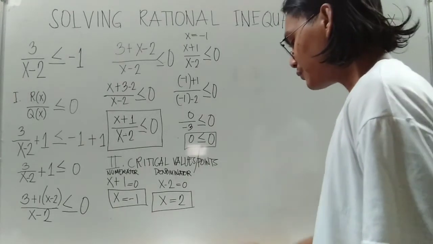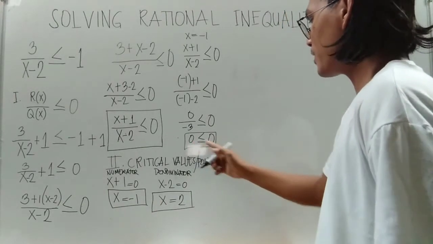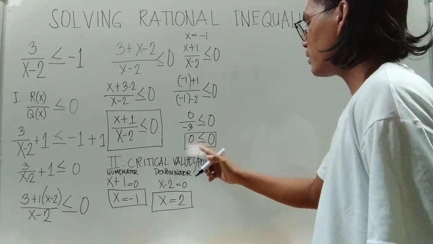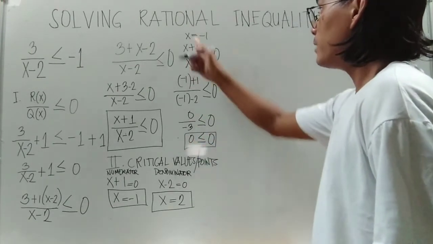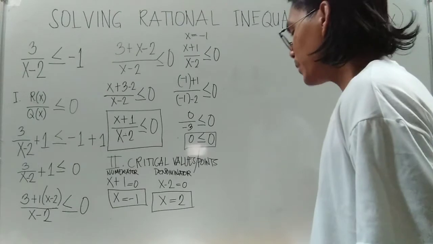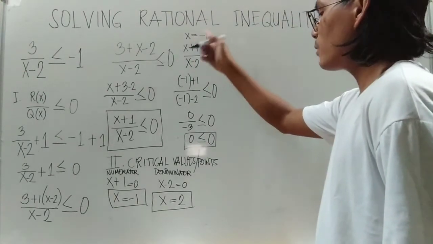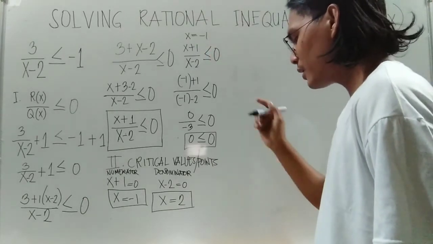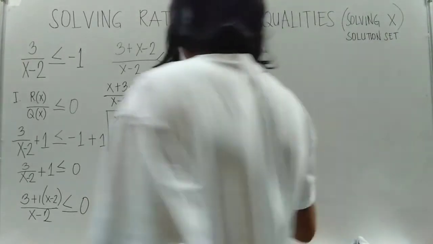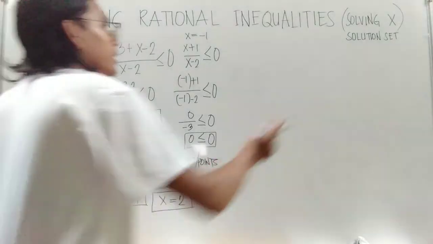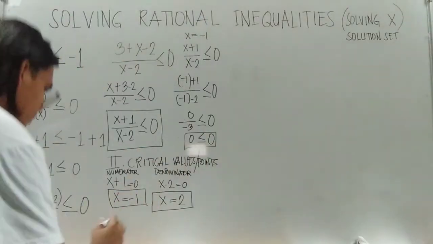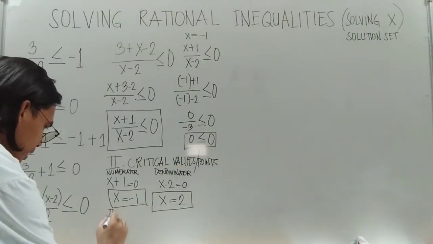Then we can say that 0 is less than or equal to 0 when x is equal to negative 1. So we can say that the value x equal to negative 1 will be included in your solution set.